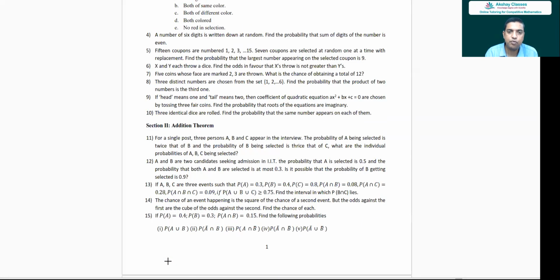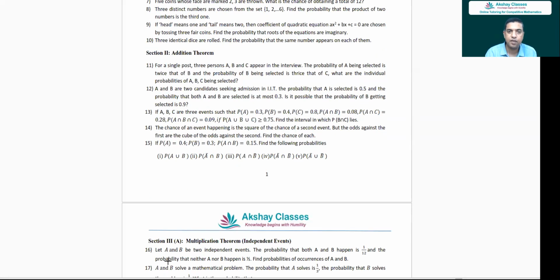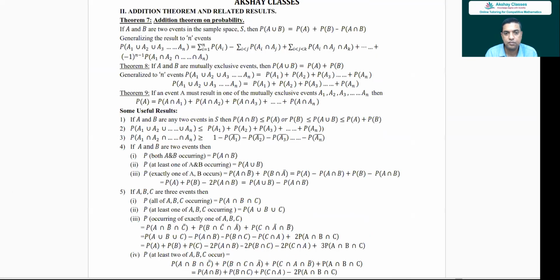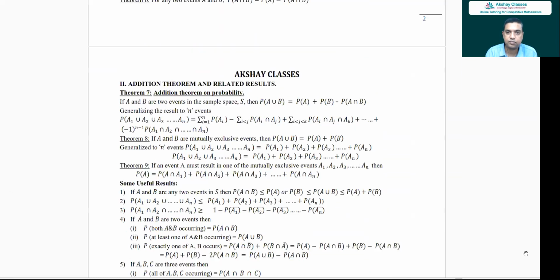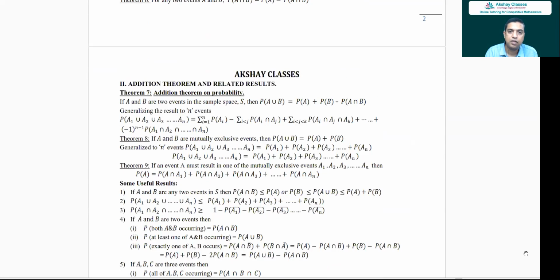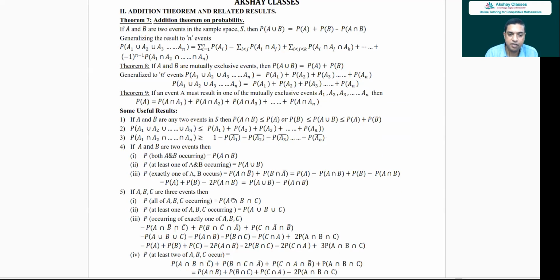Others you can practice. Now we'll move on to addition theorem. Now, addition theorem and related results.